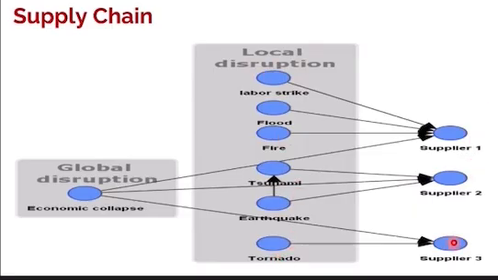So what we're trying to say here is that whether there's a global disruption or a local disruption, it's going to affect the supply chain. It's going to affect supplier one, supplier two, and supplier three. If I actually want to answer a probabilistic question here, of course, the idea of probabilistic graphical model can be used.